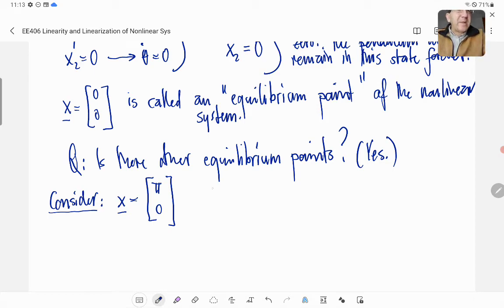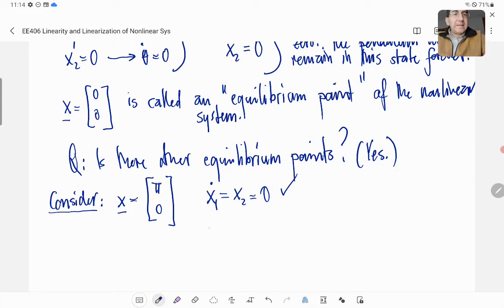Let's check what's happening with the derivative of the states. Well, x1 dot is equal to x2, but x2 is equal to 0. Therefore, x1 dot is equal to 0. Okay, so that's a check in terms of an equilibrium point.